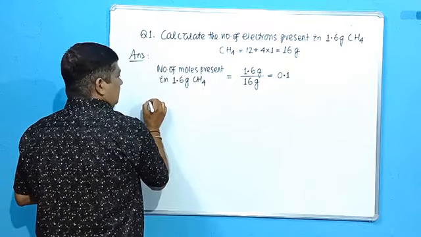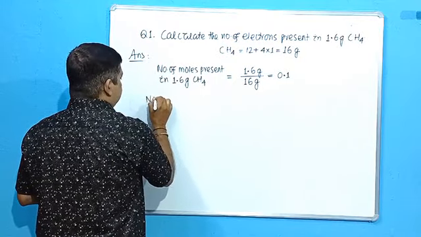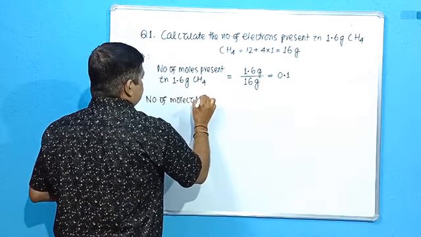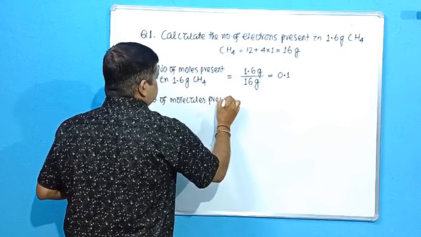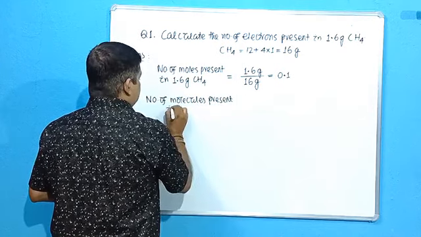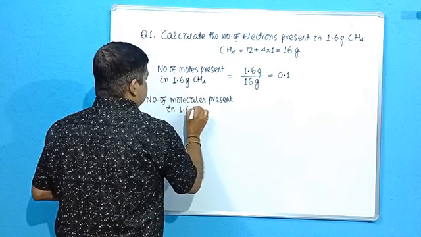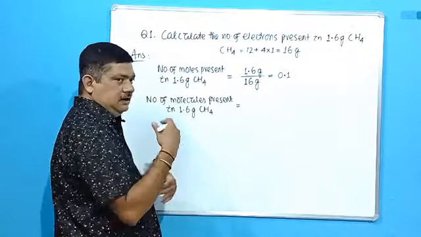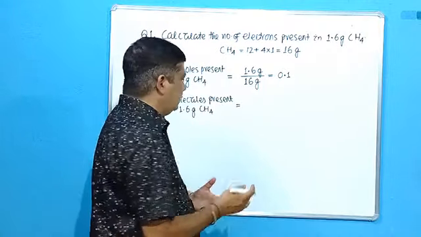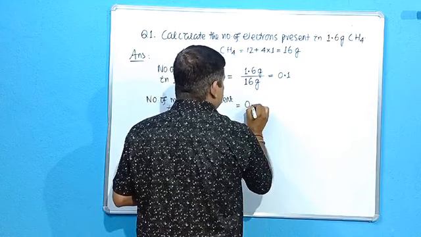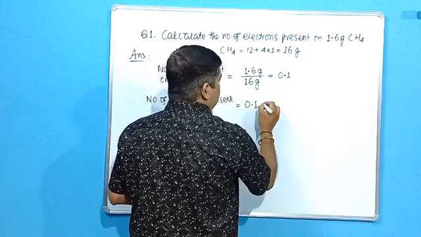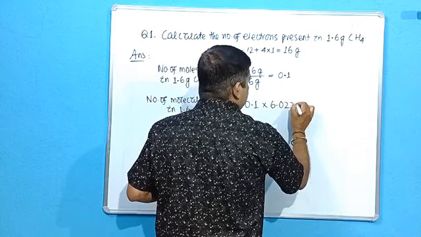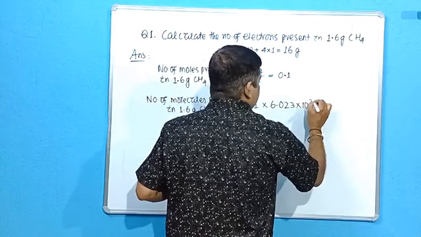That means the number of molecules present in 1.6 gram methane is number of moles into Avogadro number. Number of moles is 0.1, into Avogadro's number, that is 6.023 into 10 to the power 23.